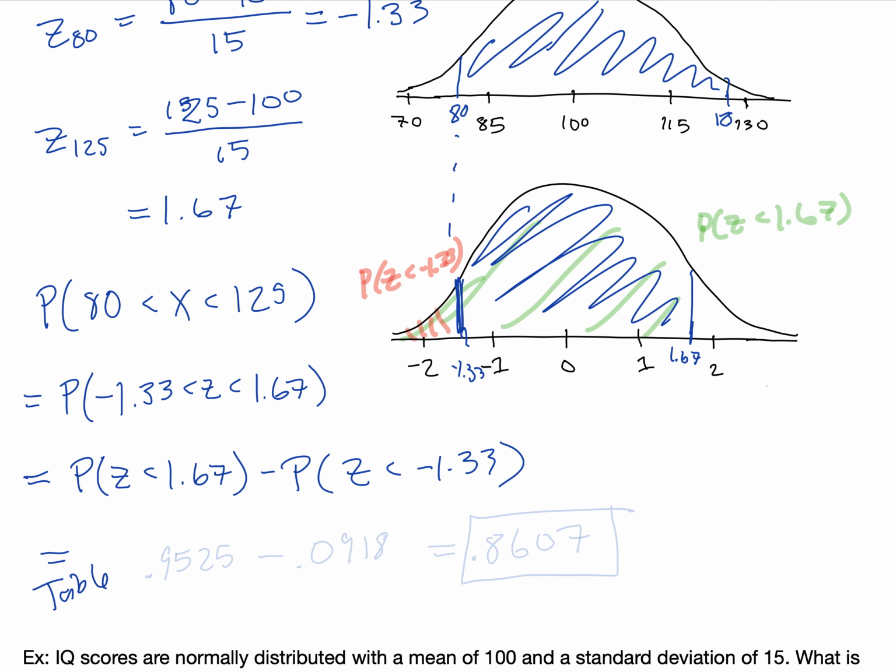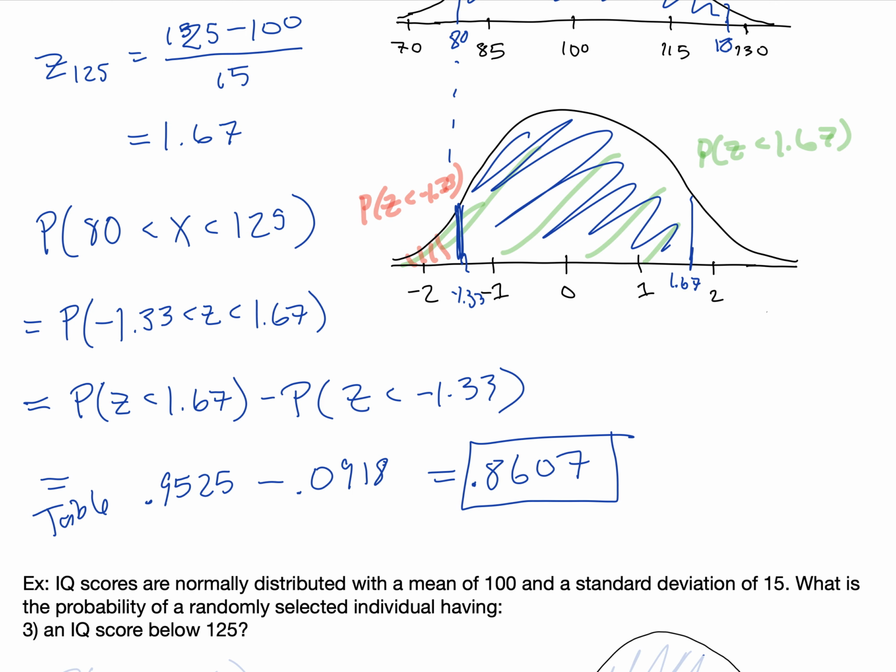And again, I'm not showing a copy of the table right now, but if you look up 1.67 in the table, you'll get 0.9525. And if you look up negative 1.33 in the table, you'll get 0.0918. And so once you do that subtraction, you'll have 0.8607, and that is our probability that we are interested in. The probability that a randomly selected individual has an IQ score between 80 and 125.